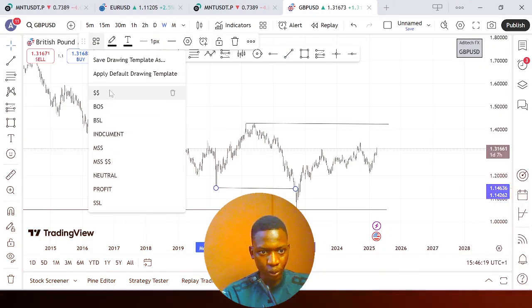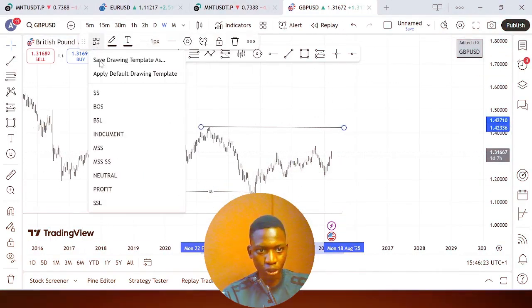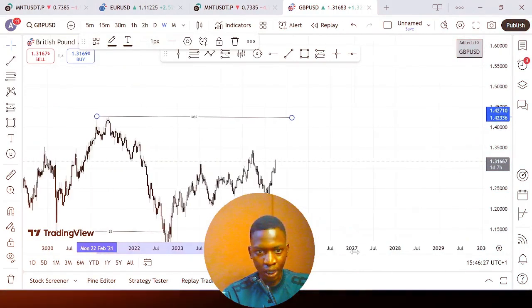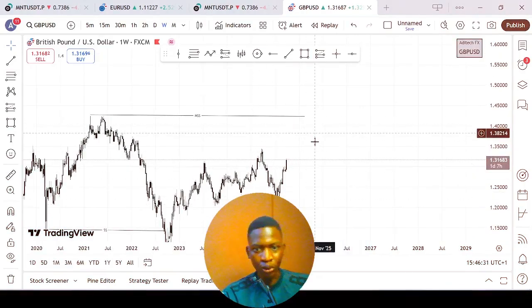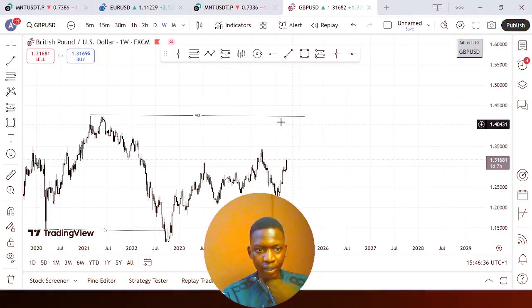So this is a liquidity sweep. We are expecting a market structure shift. I believe you understand. So now, since we know the market is obviously going to this zone, we want to join the buyers to take out this high right here.